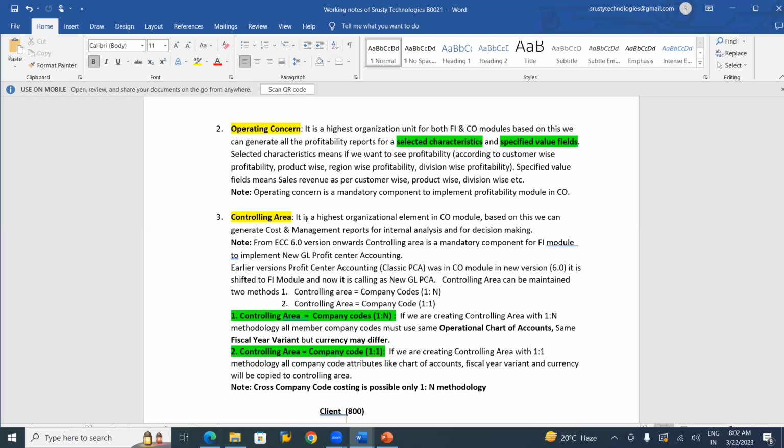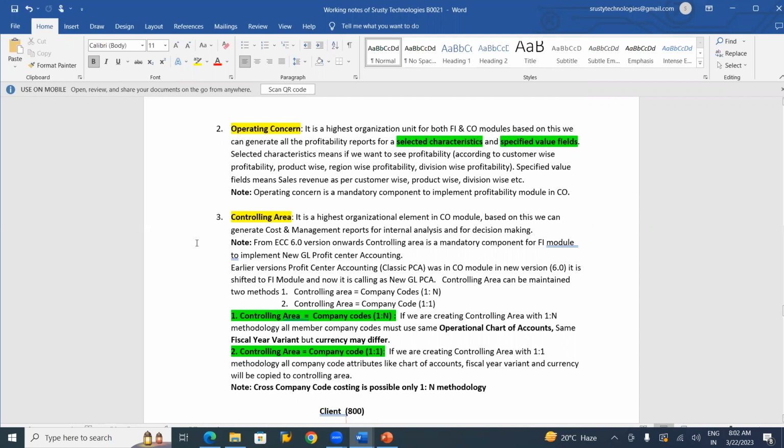From the ECC 6 version onwards, controlling area is a mandatory component for the FI module to implement new GL profit center accounting.